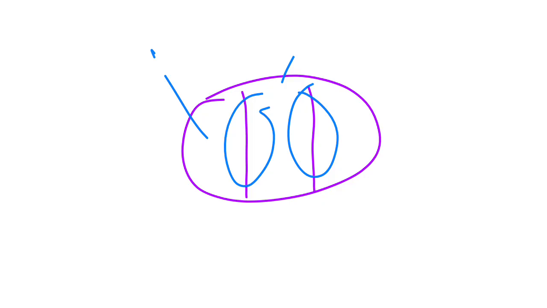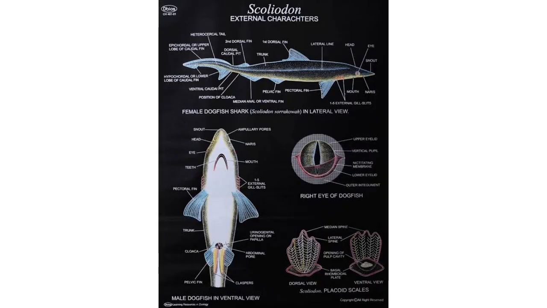As a result, the gray matter assumes the shape of an inverted T, something like this. The gray matter assumes the shape of what? Of an inverted T.